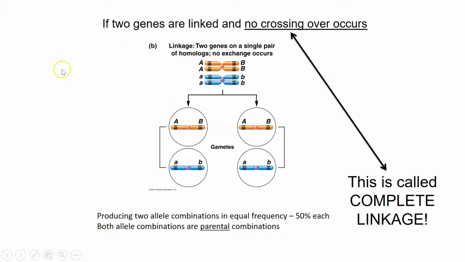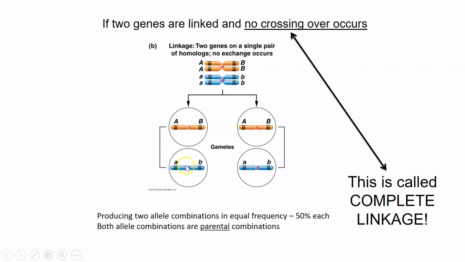If two genes are linked, so this is showing A and B being linked, and it's also showing a double heterozygote. If two genes are linked and no crossing over occurs during meiosis, that means the alleles that are linked here will stay linked. Meiosis will produce two types of gametes, and they are going to be both parental types. Both dominant here, that was a situation seen on this chromosome. Let's say that came from the mother.